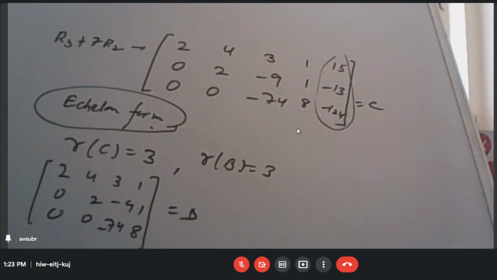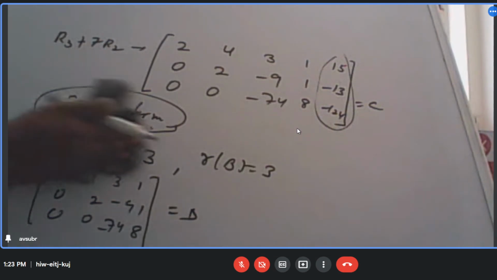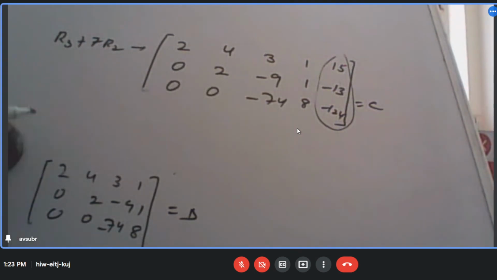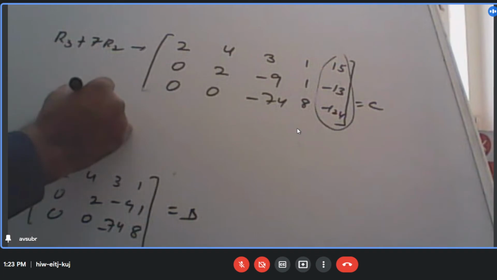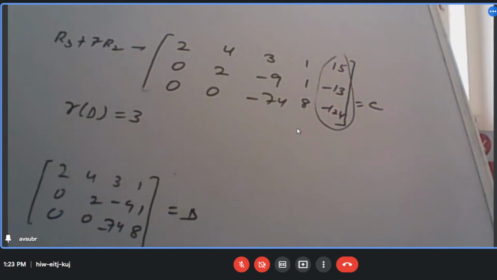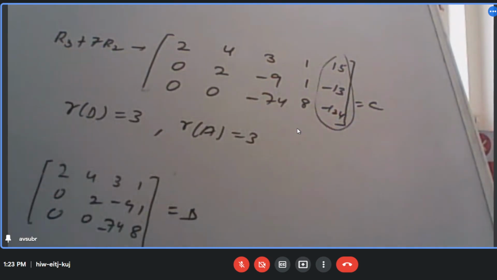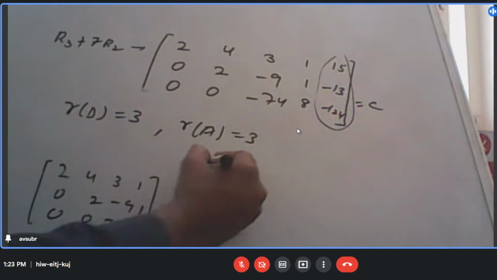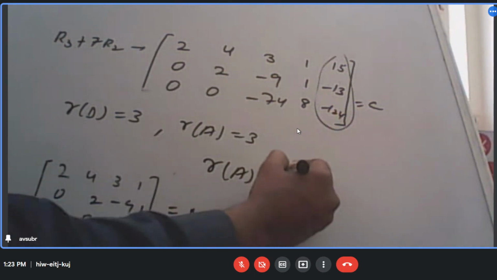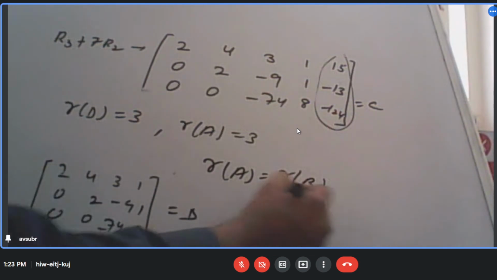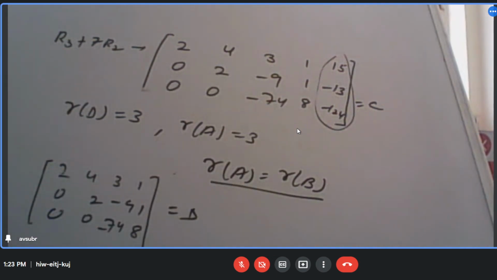So now, what will be the rank of D? 3. So rank of D is also 3. What should be the rank of A? 3. Correct. So rank of A should also be 3. तो rank of A is equal to rank of B, both are 3.